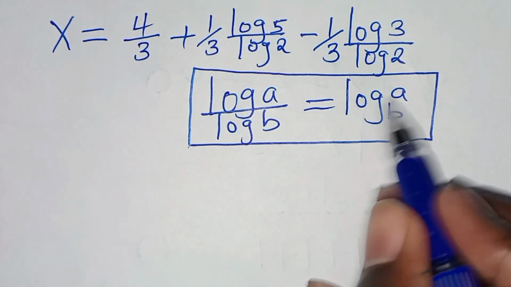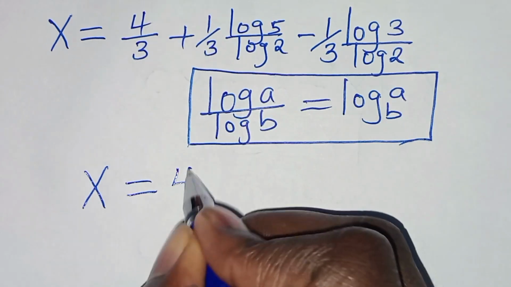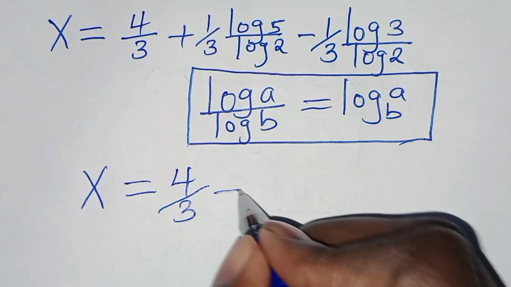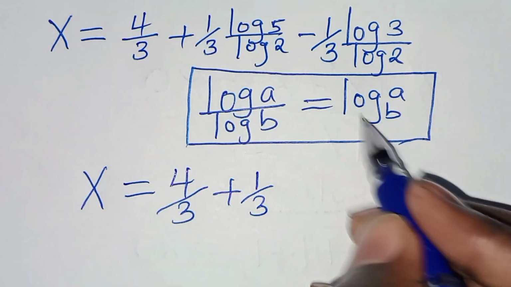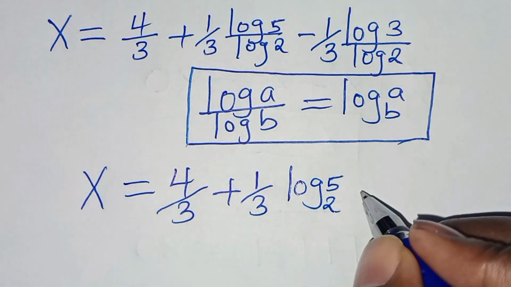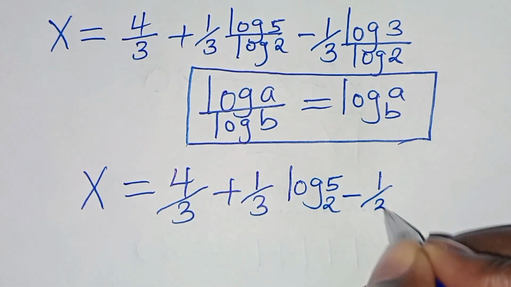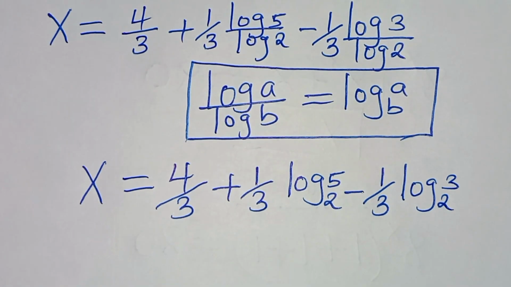Now applying this logarithm property, from here we can express x as 4 over 3 plus 1 over 3 log 5 over log 2. Applying this property, this is the same thing as log 5 to base 2, then subtract 1 over 3 log 3 to base 2.